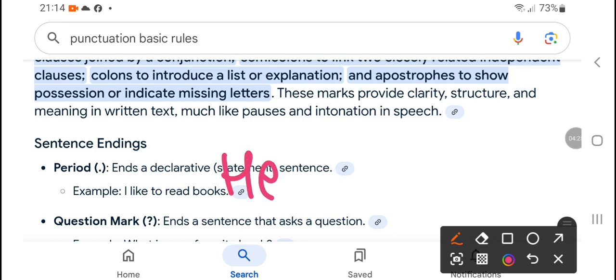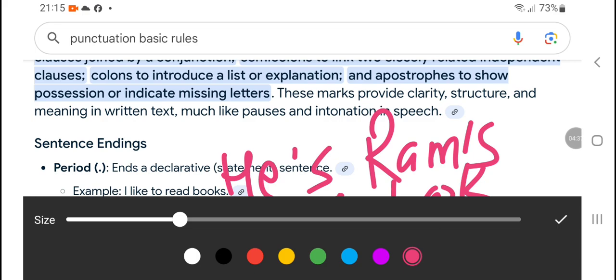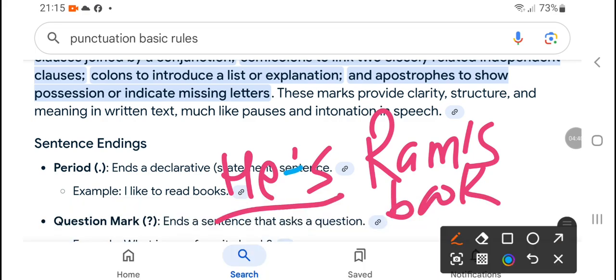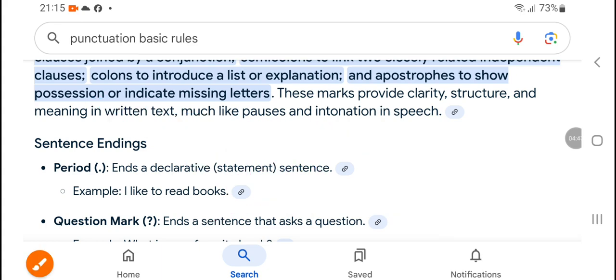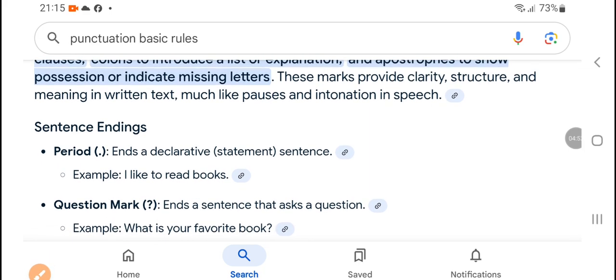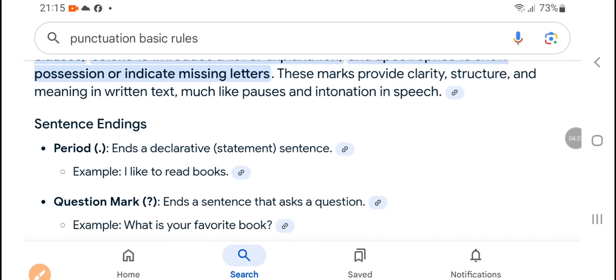So that is "he's". That is possession: Ram's room or book. This sign is used for possession. Or to indicate missing letters, we also use apostrophes, okay?